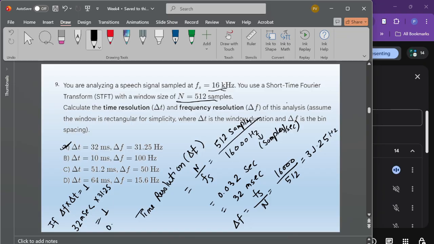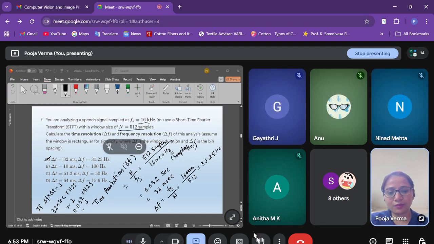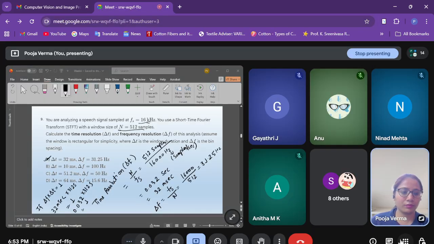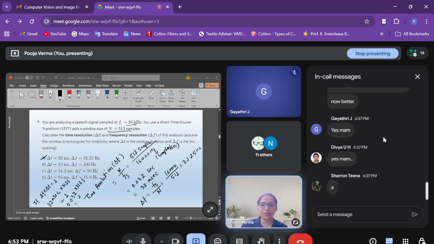So just multiply and check it. If you are getting 1, then it satisfies, otherwise not. Is it fine? Have you understood this question?